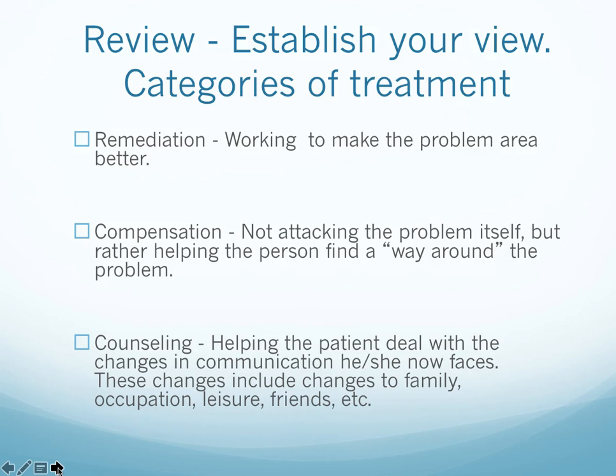What do we know about the progress that they've made in that therapy? And I talk with that person about what their goals are, what they want to achieve, what they're looking to do. And then I say to myself, how much of what I do should I put in the remediation basket? And how much of what I do should I put in the compensation basket? And how much of what I do with this individual needs to go into counseling and education?